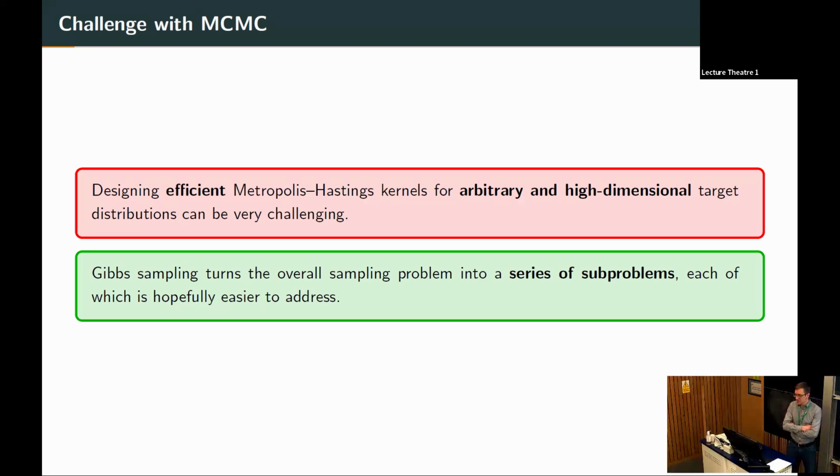The idea is essentially that in some problems, it can be difficult to design an efficient Metropolis-Hastings proposal, in particular if we're working with high-dimensional target distributions. Gibbs sampling, you can think about as a way of turning this high-dimensional sampling problem into a series of lower dimensional sampling problems, each of which is hopefully simpler to solve.